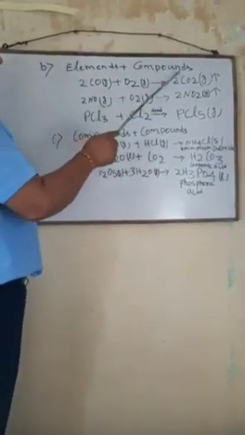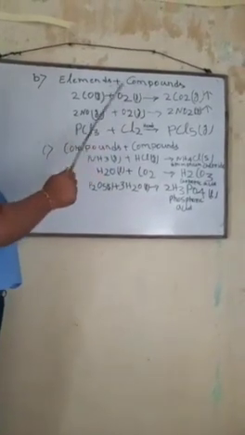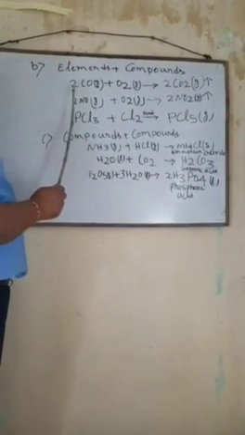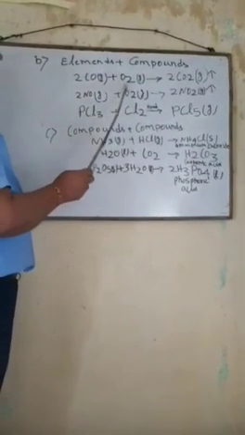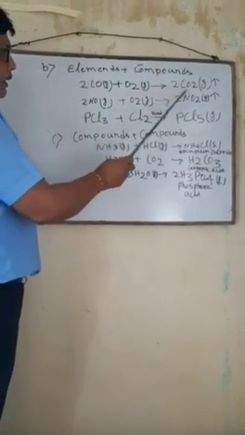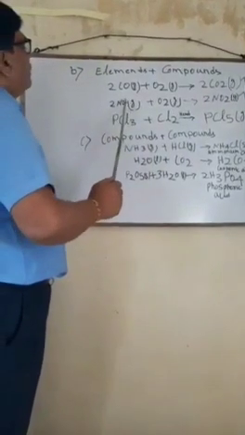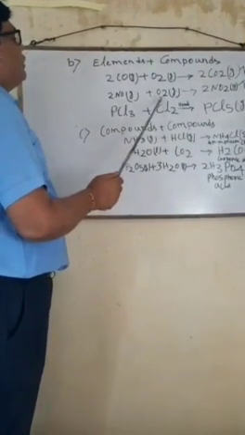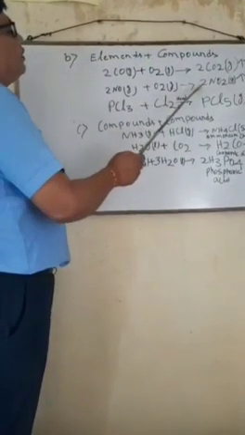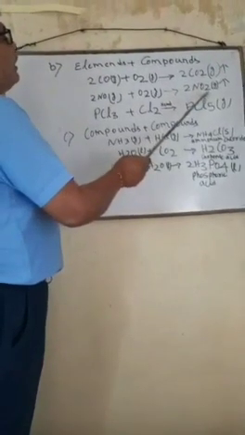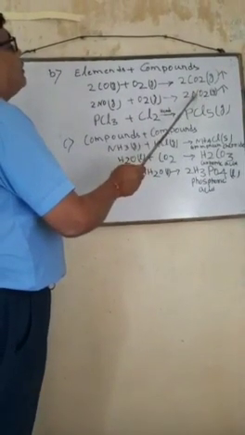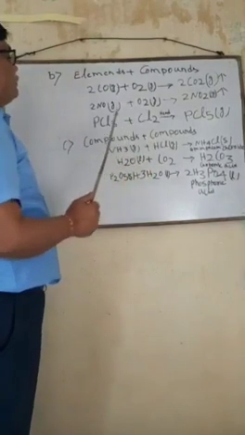Elements react with compounds to form a product. Carbon monoxide reacts with oxygen to form carbon dioxide gas. Nitrogen monoxide reacts with oxygen to form nitrogen dioxide.